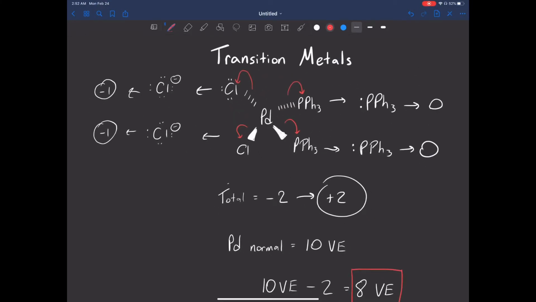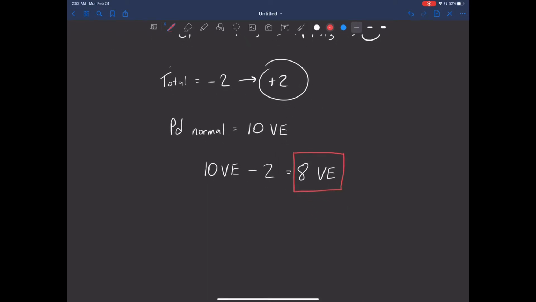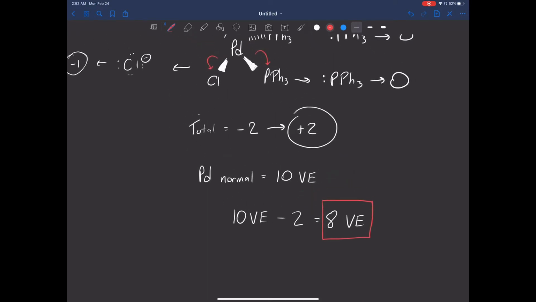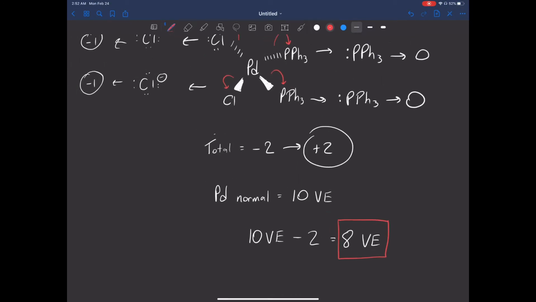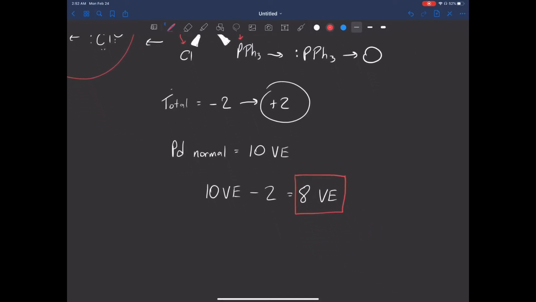That means that in this compound, palladium bound to 2 chlorines and 2 PPh3s, it has 8 valence electrons instead of 10. The reason for that is because 2 electrons are donated by the chlorines. So palladium has lost 2. So you see this oxidation state is +2.